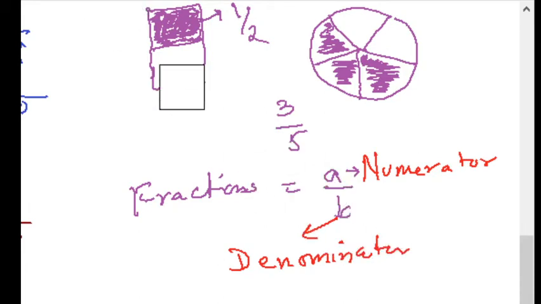So every fraction can be written in A over B form, where A is the numerator and B is the denominator, and sometimes they can be written in decimal form also.